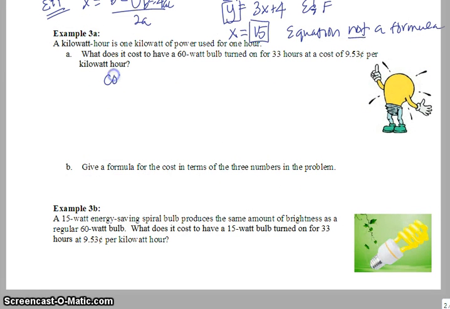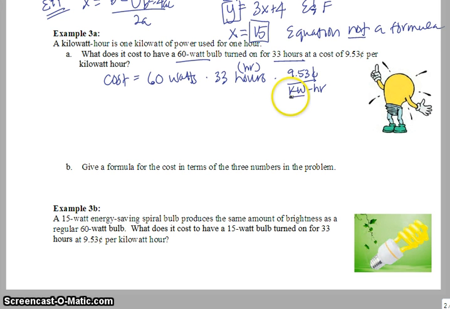Okay, so we can write cost equals 60 watts times the number of hours, 33 hours, they give us that, times the cost per kilowatt hour, 9.53 cents per kilowatt hour. And we can also abbreviate that as hour.